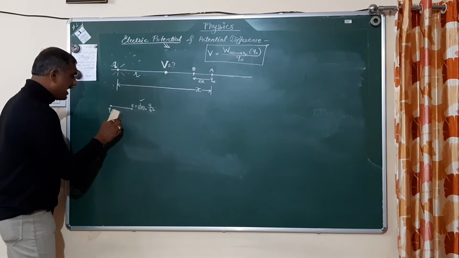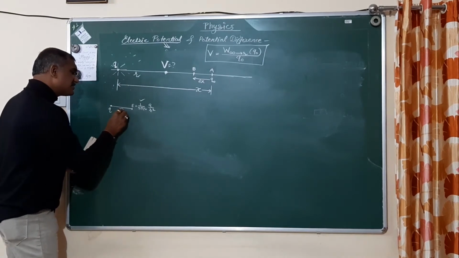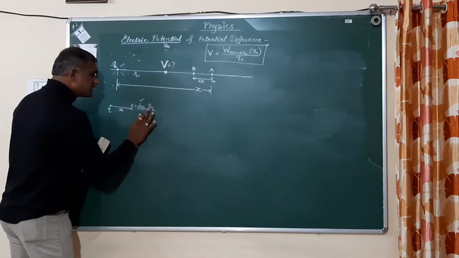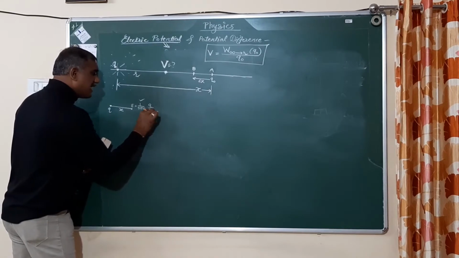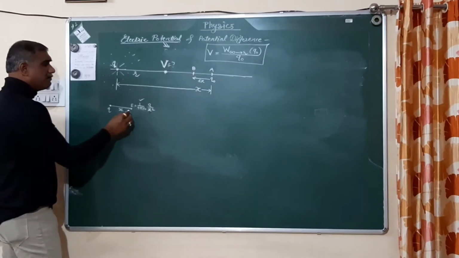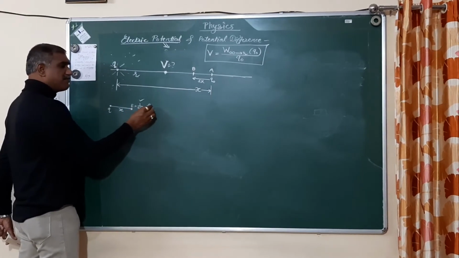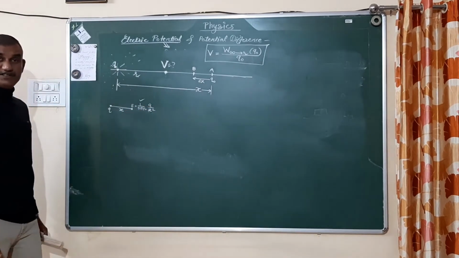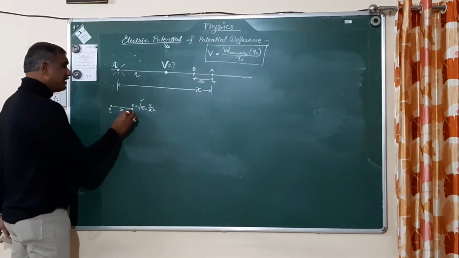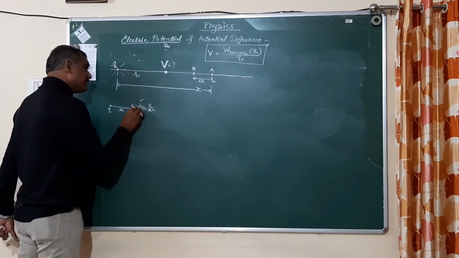If in place of r I consider the distance x, then you have to put x in place of r, and the electric field intensity at this position becomes 1 upon 4 pi epsilon 0 Q divided by x square. This is the value, and the electric field intensity acts in the outward direction.